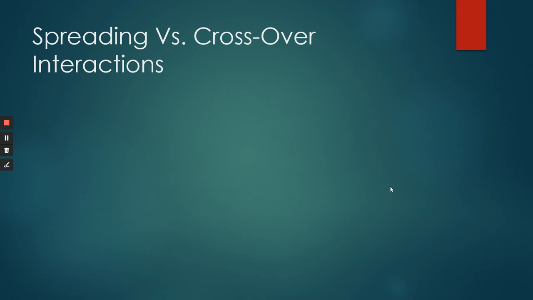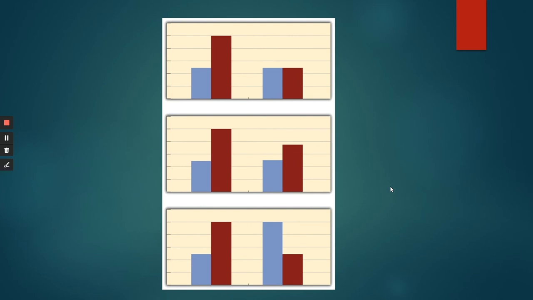So your book talks about different types of interactions. There's spreading and crossover interactions. And so the first two are spreading. So spreading is basically when there is, for both groups, a similar relationship.